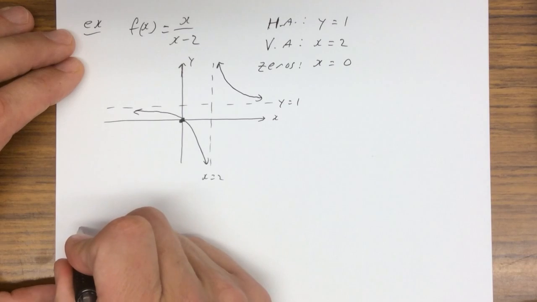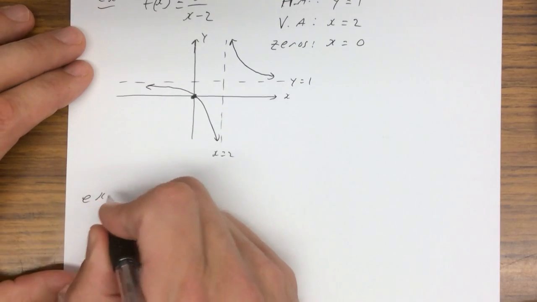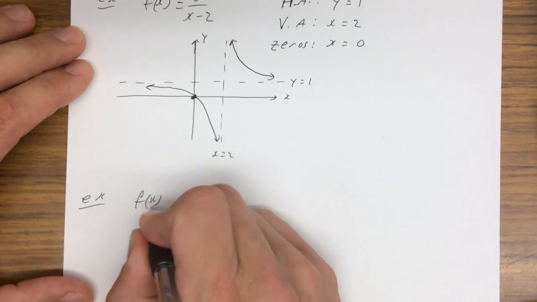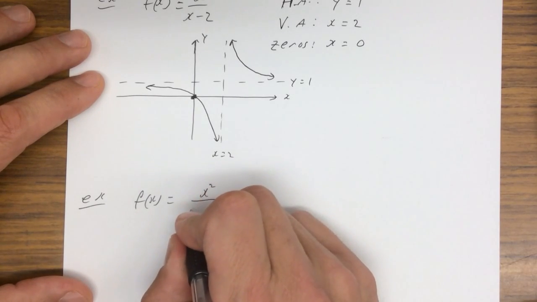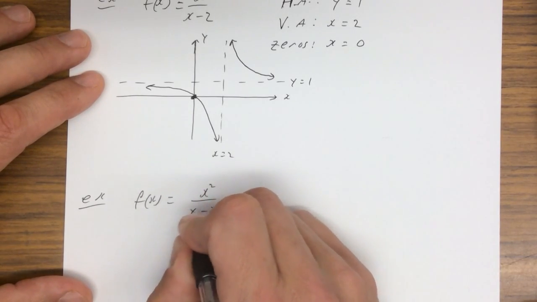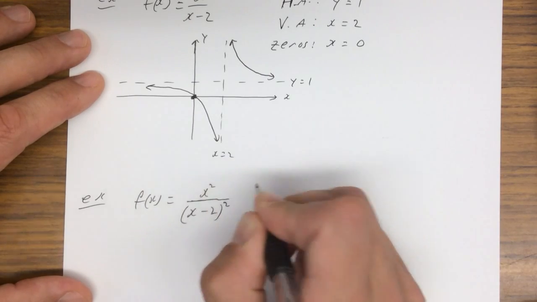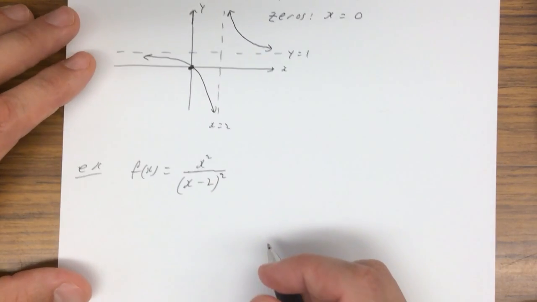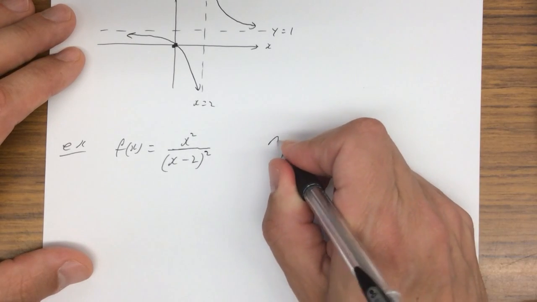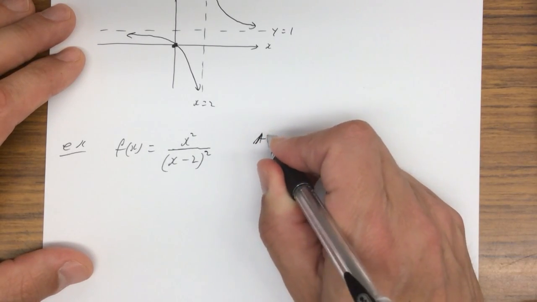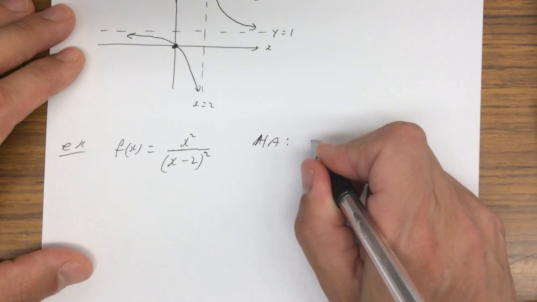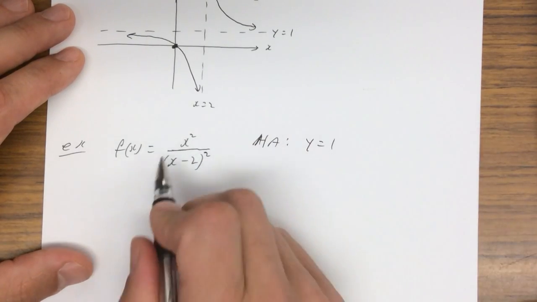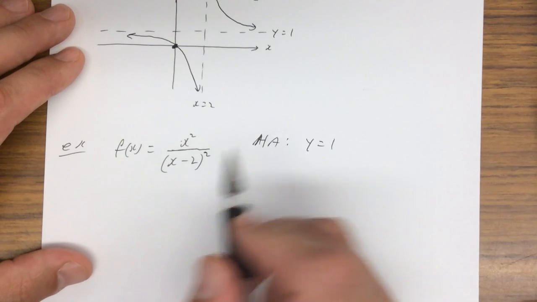Let's change this up just a little bit and do another example where f of x equals x squared over x minus 2 squared. Okay, so again, it's in factored form. We have a horizontal asymptote of y equals 1, because the leading coefficient in both is 1.